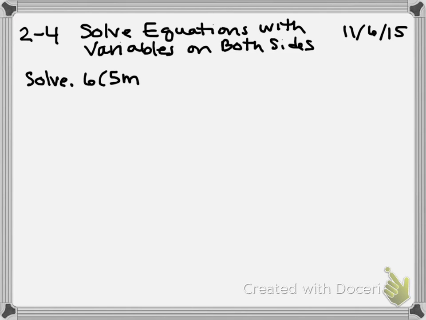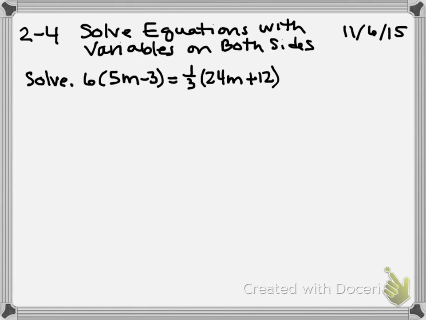6 times the quantity 5m minus 3 equals 1/3 times the quantity 24m plus 12. Okay? So again, as we do each step, we're going to write down what we're doing. What we're doing on the right side is going to be your process that you're going through as you see these problems.